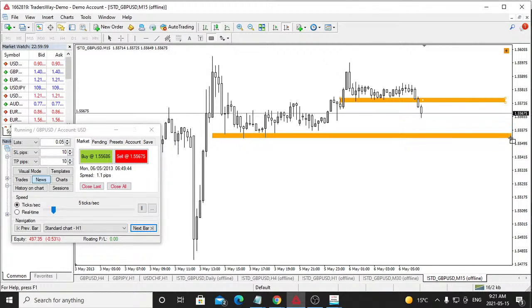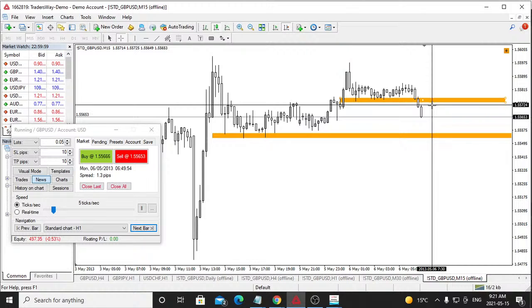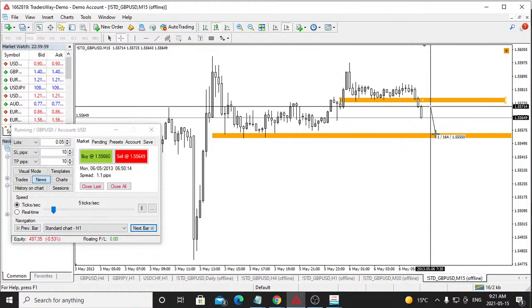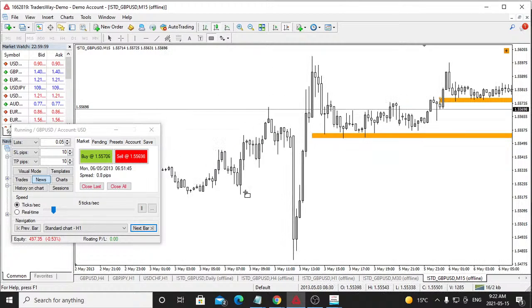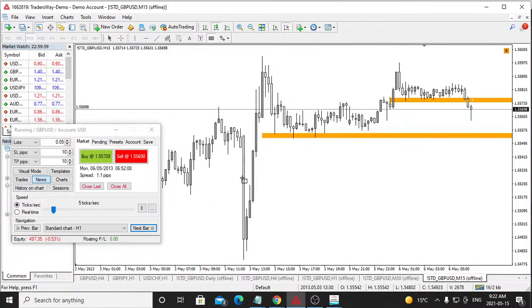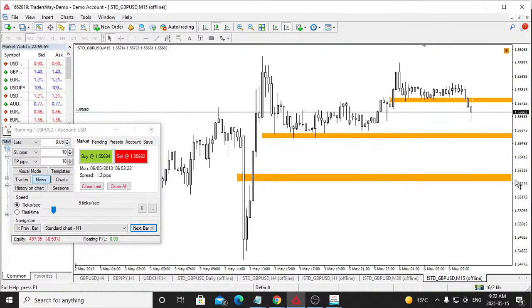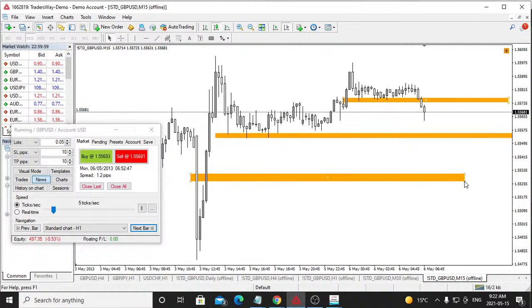I do believe it's going to come all the way down to here, which would be about a 16 pip move. But if it sells through this, the next level of support is right here, and then the next one is right here. So if it sells through that, we could potentially get here.